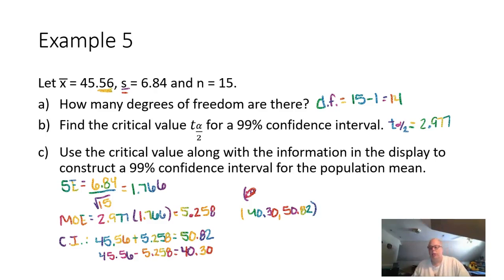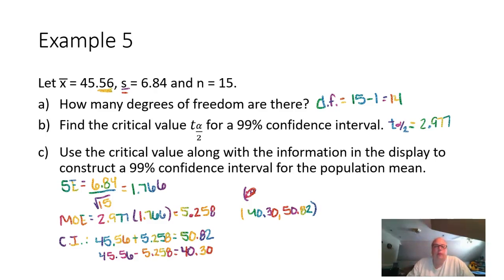Now, doing an interpretation here doesn't make a whole lot of sense because we don't have a context of a problem to put it into, but if we did, we would say that we are 99% confident that the population mean falls between 40.3 and 50.82.